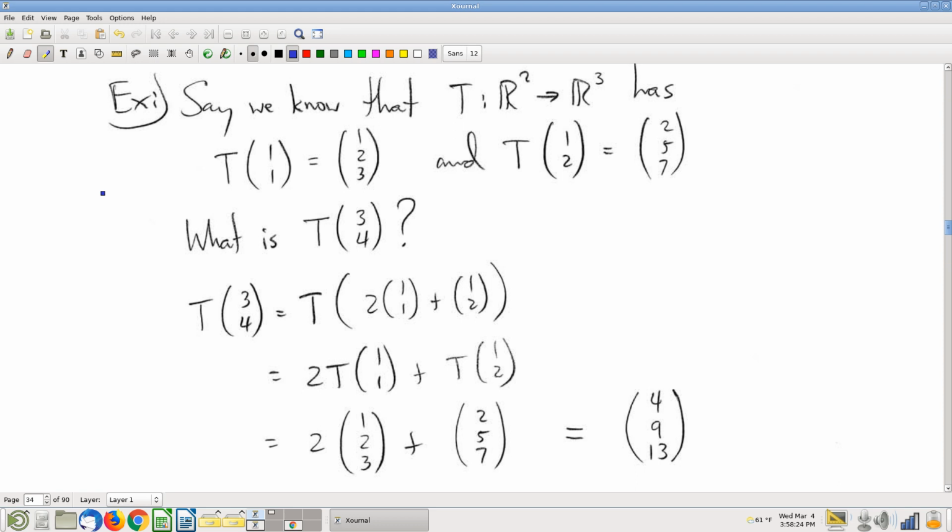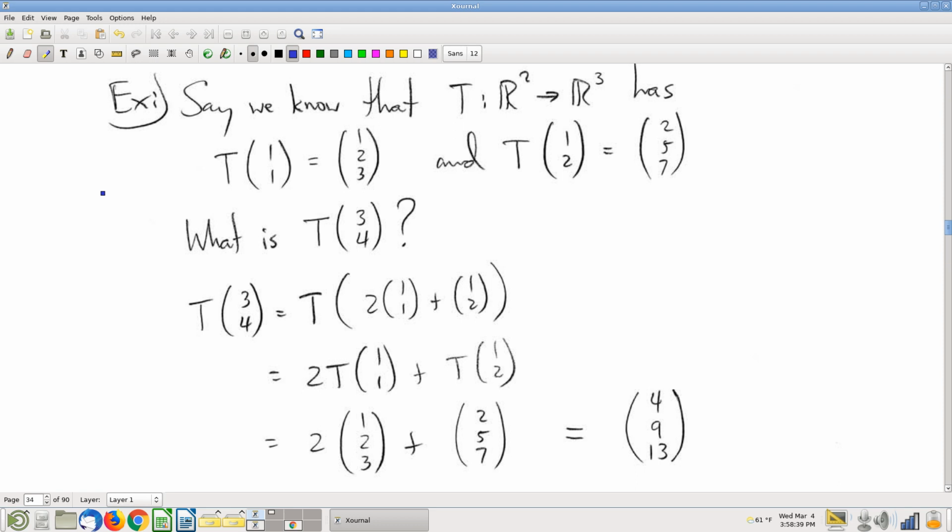Sometimes you can look at a vector space and it's reasonable to expect that you can come up with a basis. Sometimes I'll have a specific basis in mind that maybe I'll give you. There's a lot of different ways that I might come up with a question related to this.